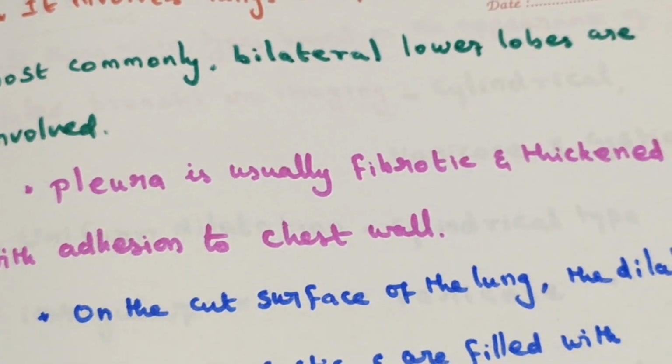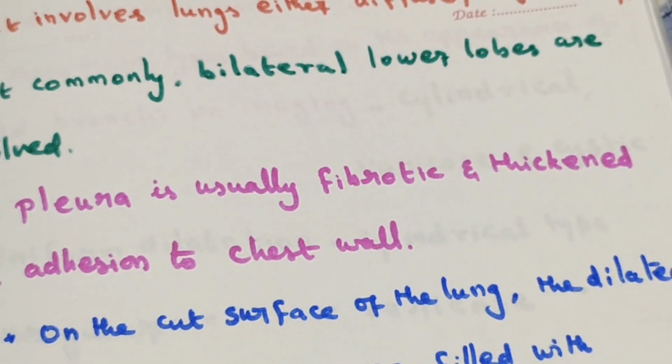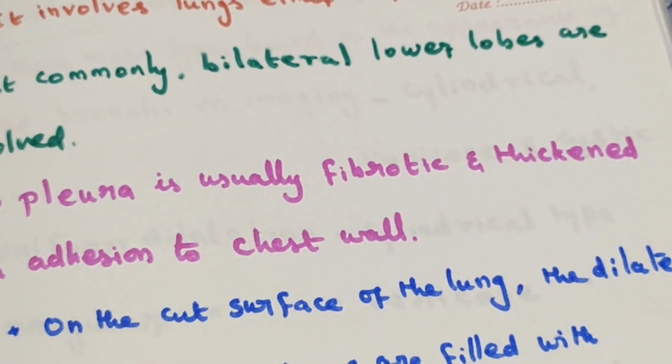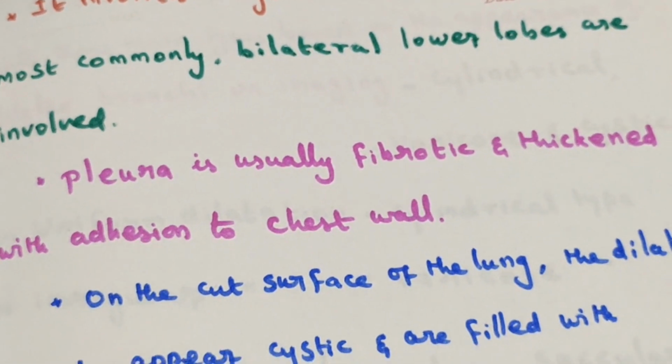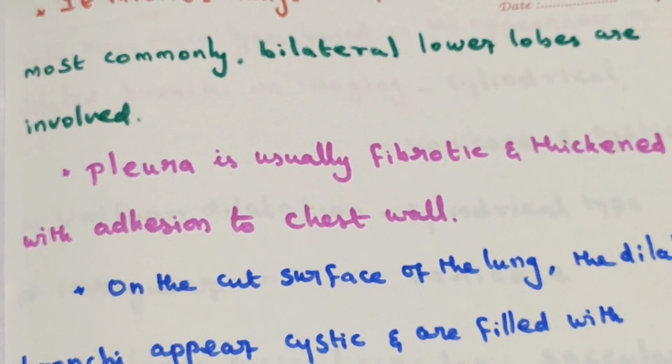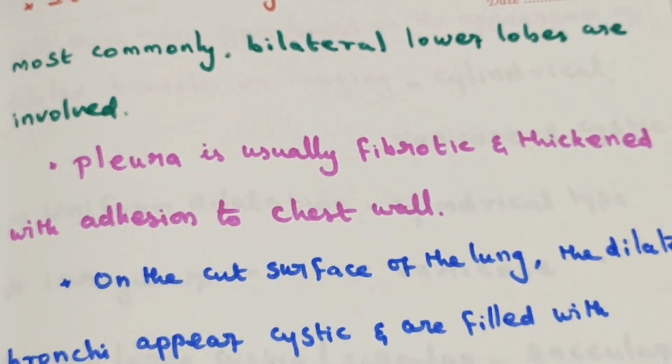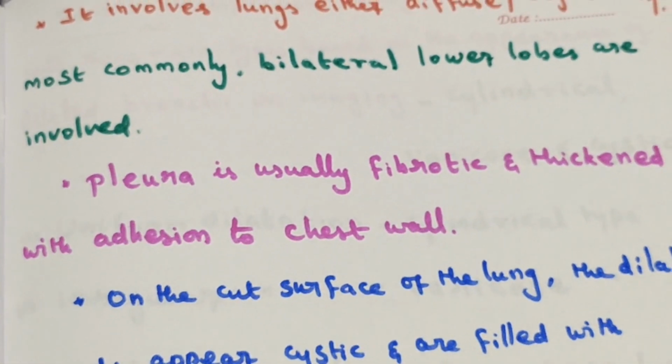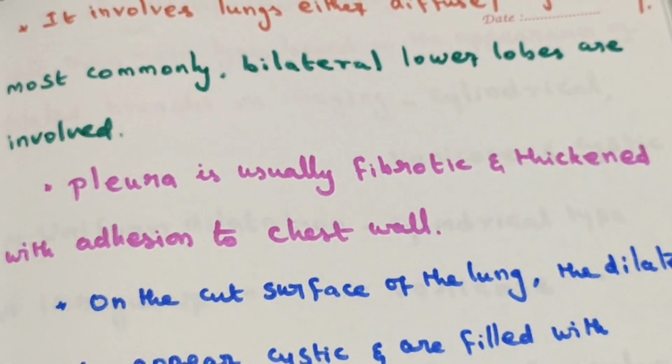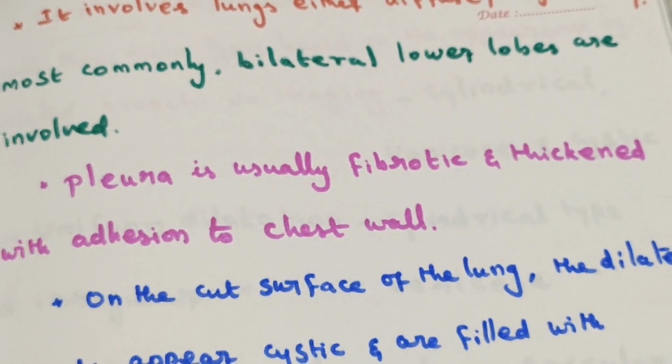The pleura is usually fibrotic because of long-standing infection leading to a fibrotic reaction. It would be thickened, with adhesion to the chest wall.